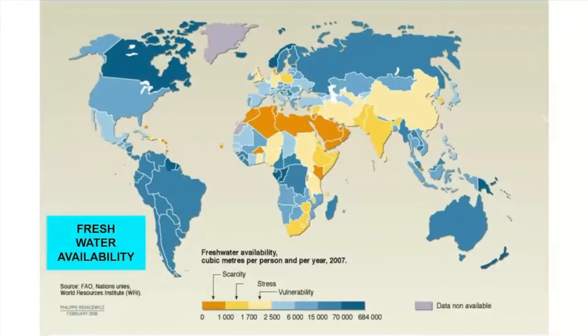Look at the fresh water availability. This is another one. So the darker blue you get, the more the fresh water is available, and the more into the yellow and orange regions, the more that you see scarcity.